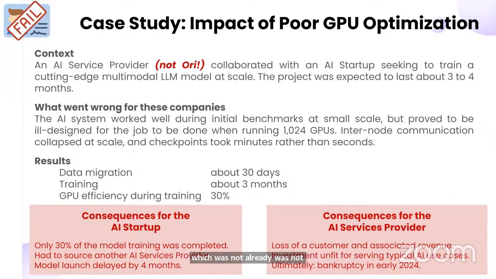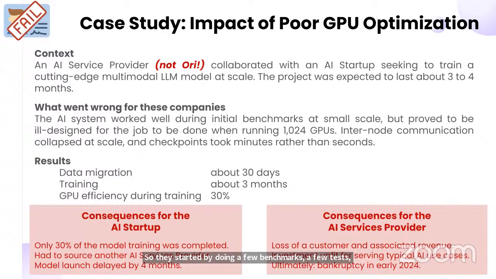But they went ahead with the collaboration, and they were expected to get access to about 1,000 GPUs over the course of 3 to 4 months, with the aim of training the model at the end of that period. So they started by doing a few benchmarks, a few tests, verifying that the environment was suitable, that everything was working.